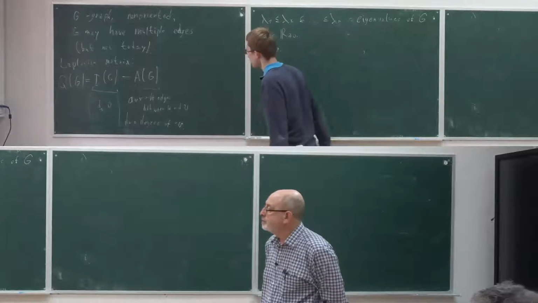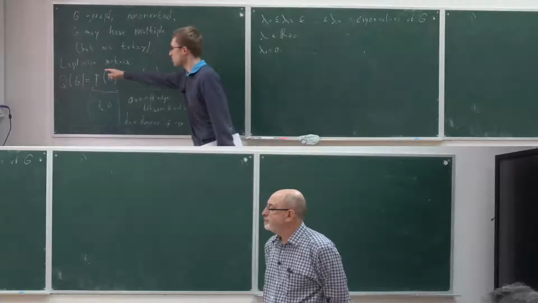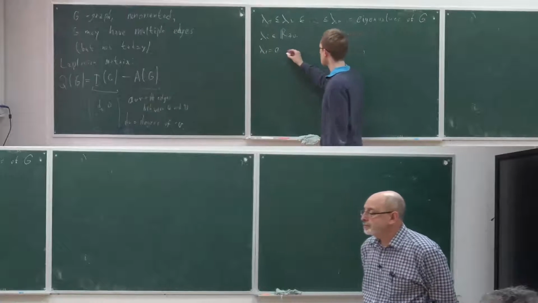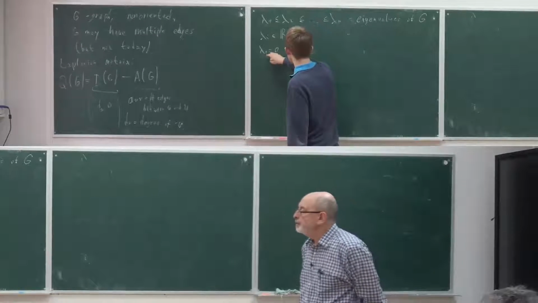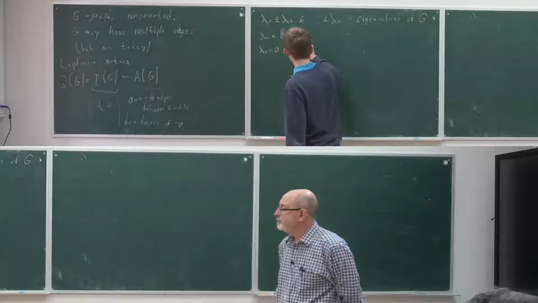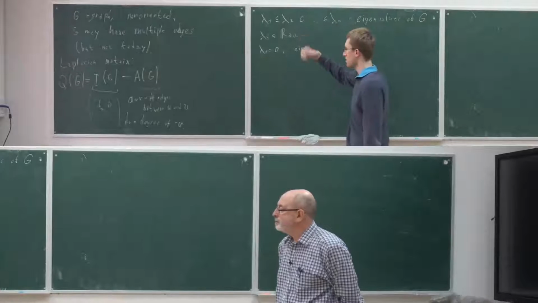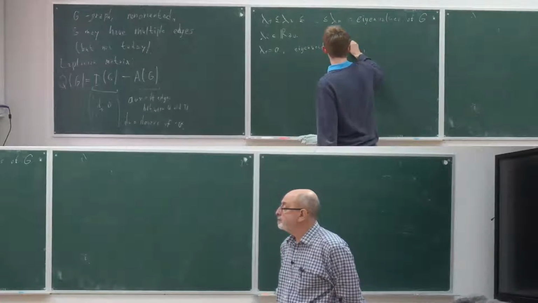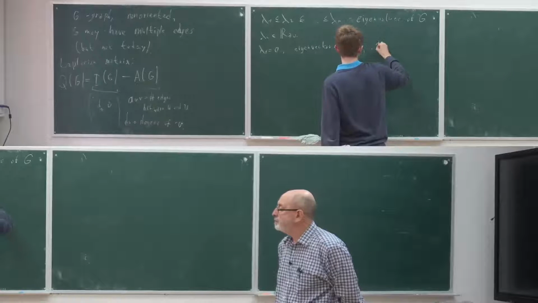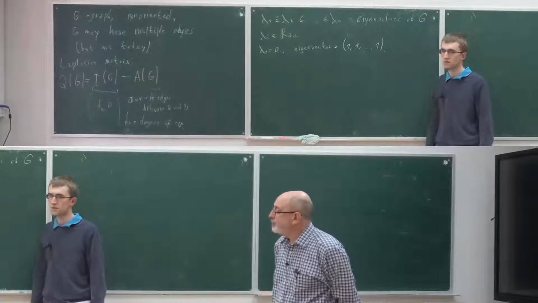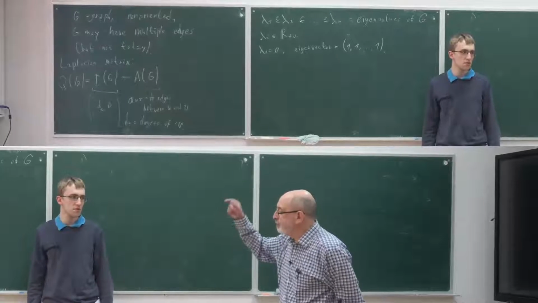Since the sums of elements in rows are zeros, we have eigenvalue 0, and the corresponding eigenvector is just the vector of ones. I always think about eigenvectors as columns rather than rows.